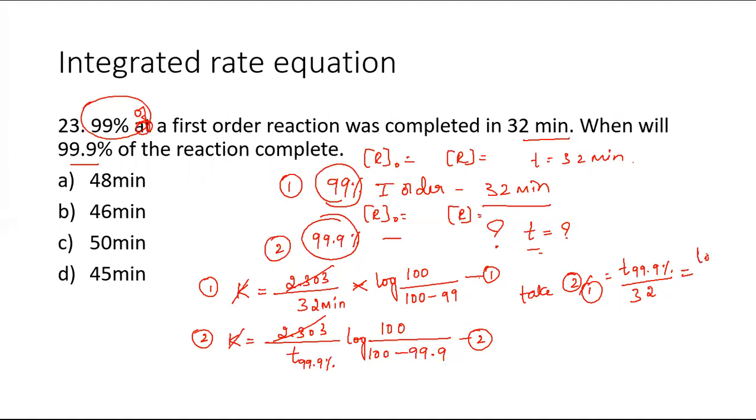So here we get log 100 divided by log, yes, 100 divided by 0.1. 100 divided by 0.1, this becomes 1000. So that goes up. Look here, what value do we get? Log 100. 100 by 1 is nothing but log 100.